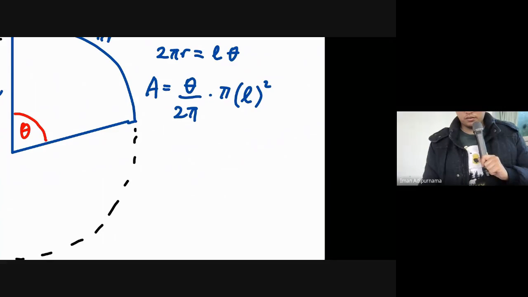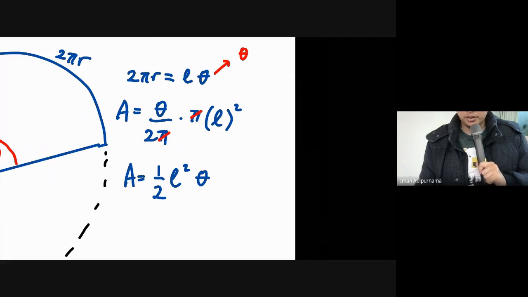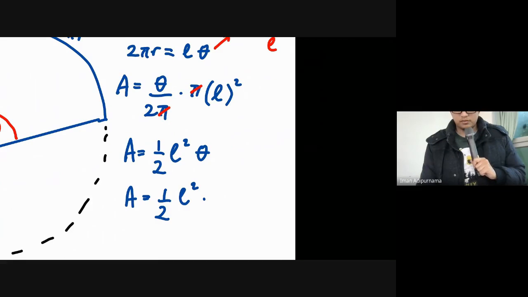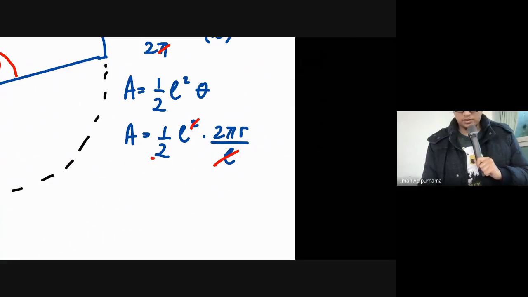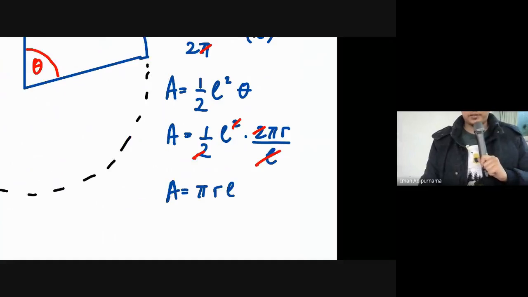I can write this as one half L squared theta, and theta from this formula is 2 pi r over L. So I can substitute theta with 2 pi r over L, cancel the 2, and the area will be pi r L. It's the surface area of the cone.